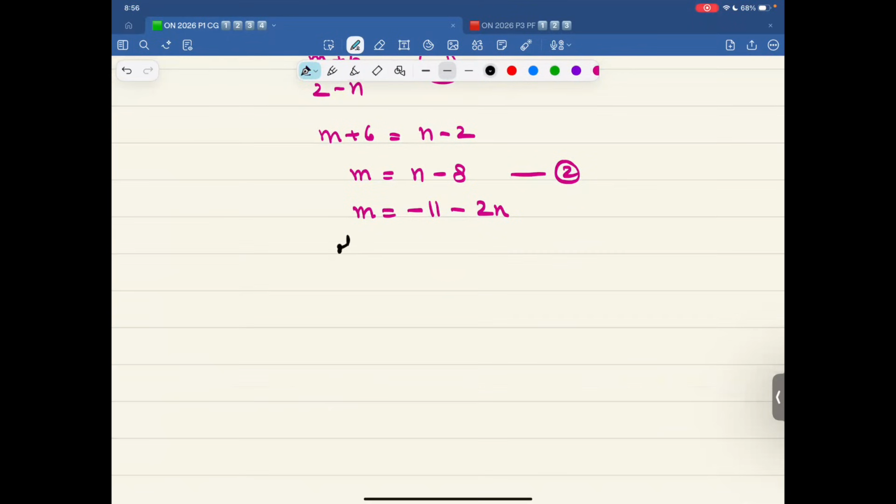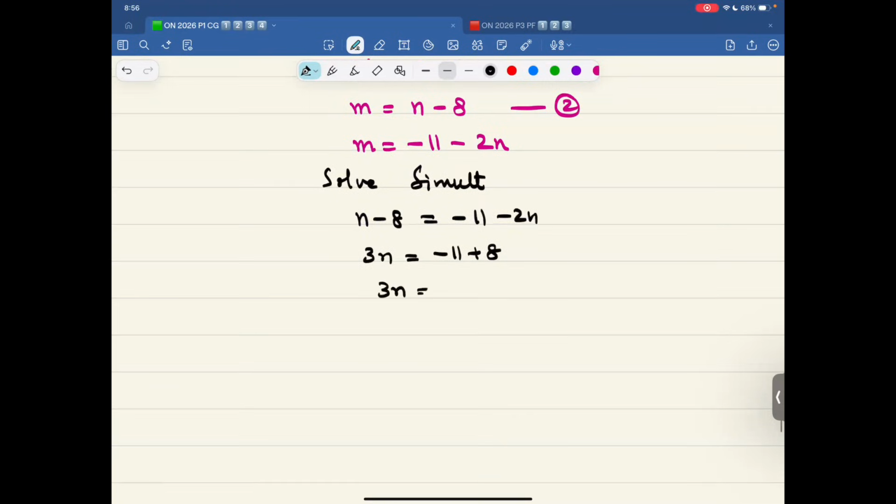So n minus 8 equals minus 11 minus 2n. n plus 2n, 3n equals minus 11 plus 8. 3n equals negative 3. Therefore, n comes out to be negative 1. m equals n minus 8, that is minus 1 minus 8, which comes out to be negative 9.